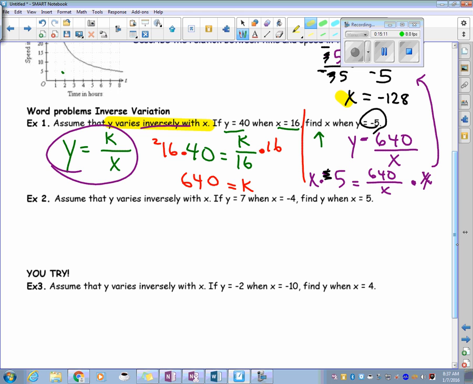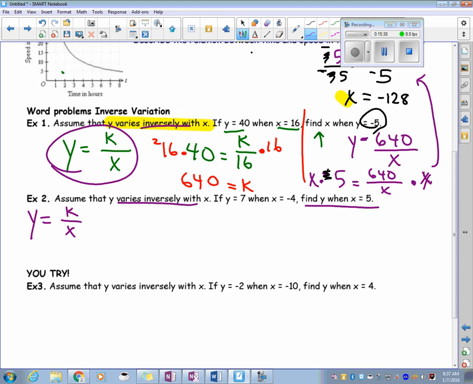So again, this is going to vary inversely. So if we're varying inversely, that means I'm going to use y equals k over x. So the first step is to find the constant of variation, find the slope. And then the second step is to find y when that slope is the same thing.